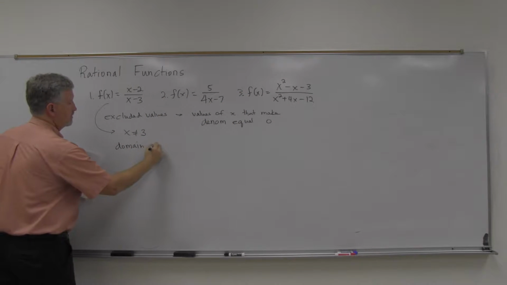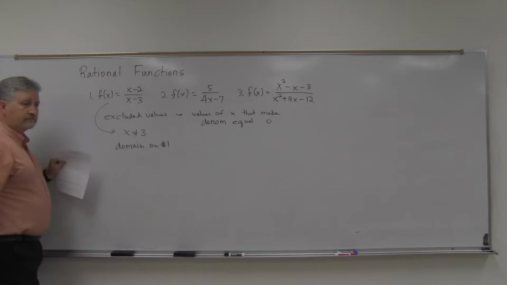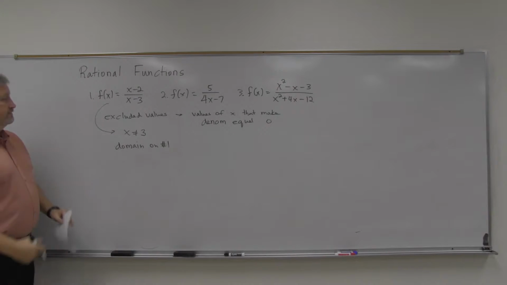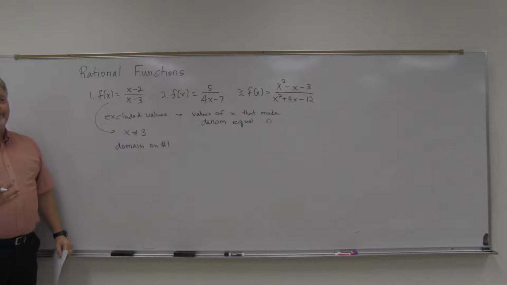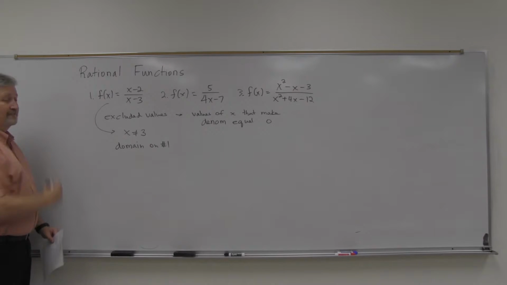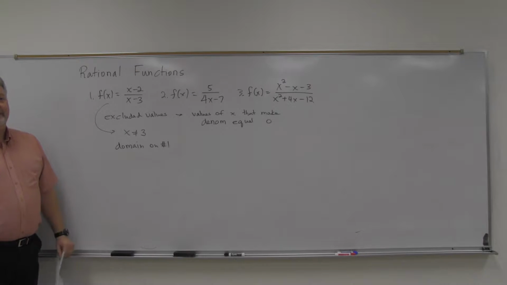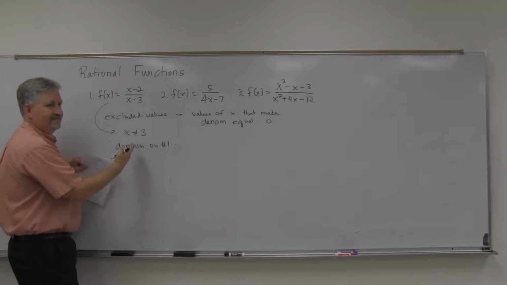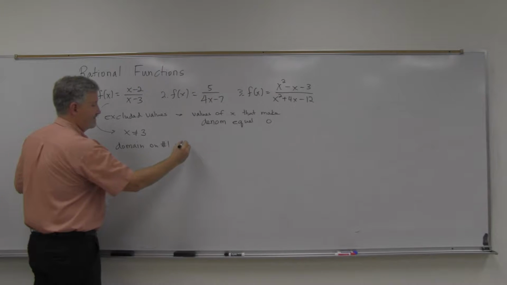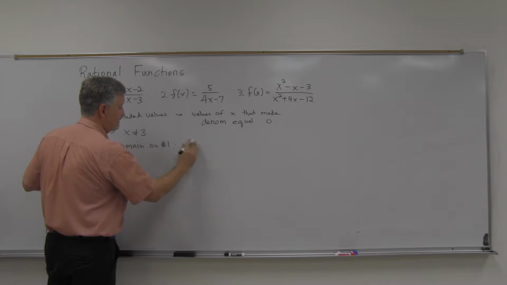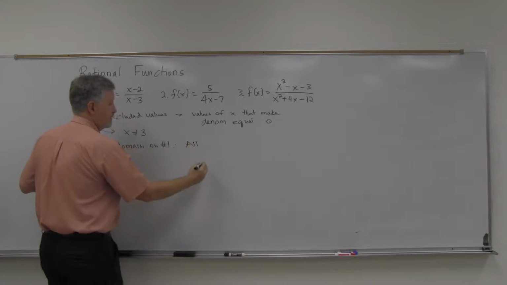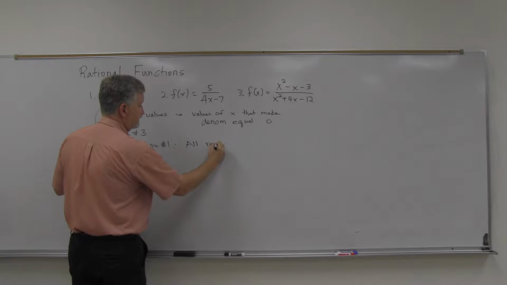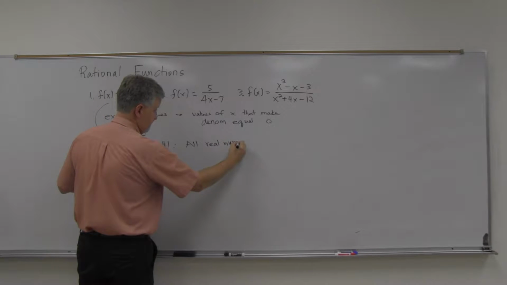So the domain on number 1, well, the domain is the input values, what x can be. So what can x be in number 1? Anything except 3, right? So the domain, that's probably the best way to put it, is all real numbers except x can't be 3.